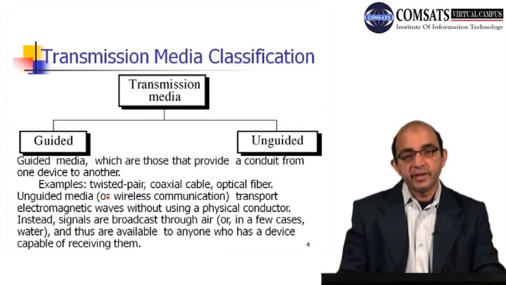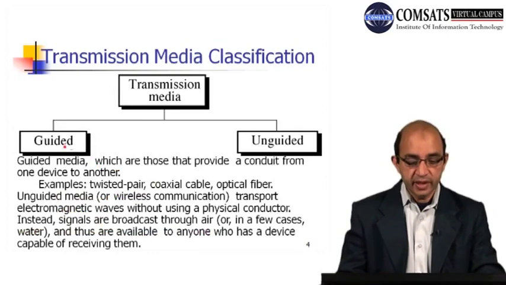Then we can classify media into two different types. First is the guided media and the second is the unguided media. For guided media, we have a physical path, or you can say a conductor, that is connected from one device to the other, or a physical medium. The examples are twisted pair, coaxial cable, and optical fiber.